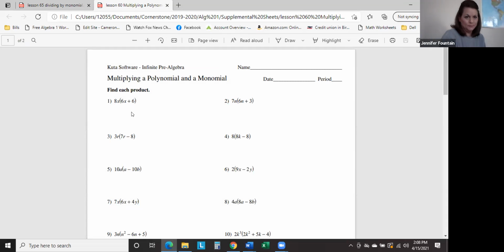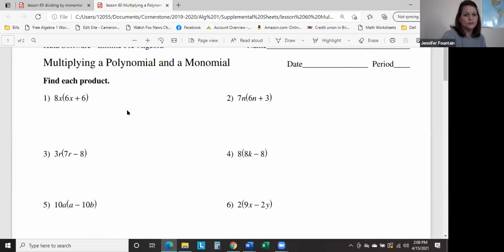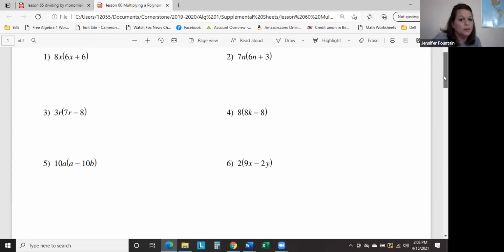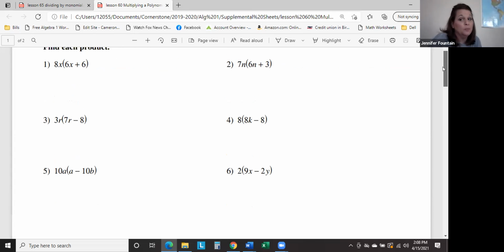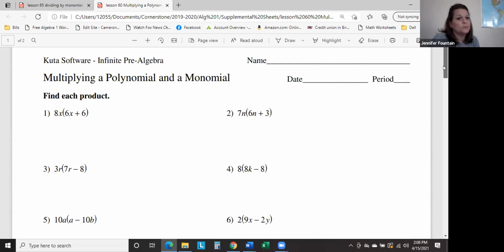So we can see here that I can distribute. Probably what I'll do is, it's 2:08, I'll print these out for us to practice with on Monday, to practice just a little bit more before we start multiplying binomials by each other.